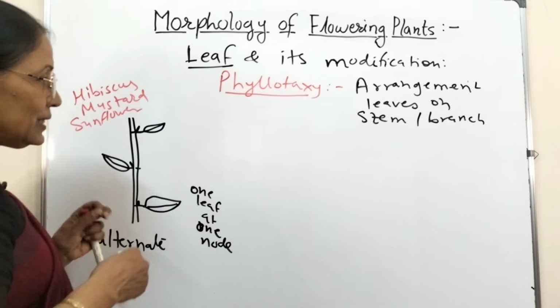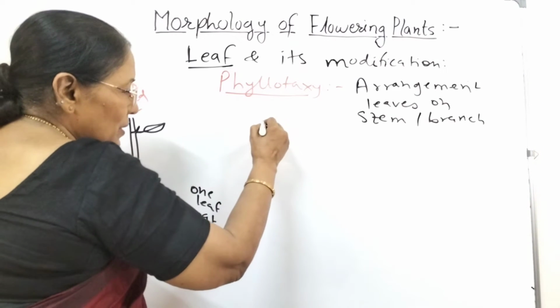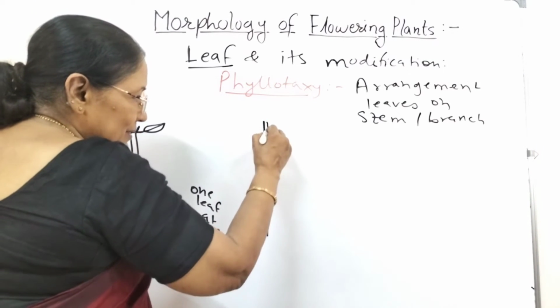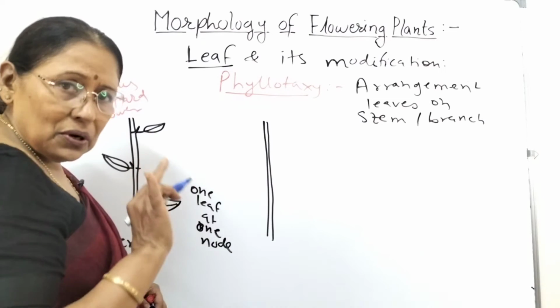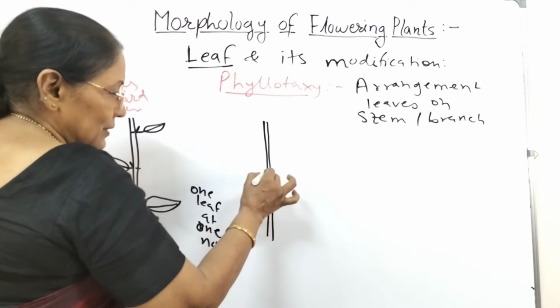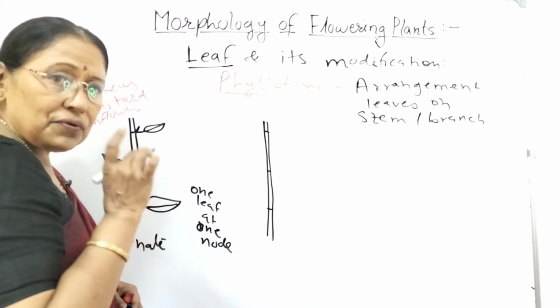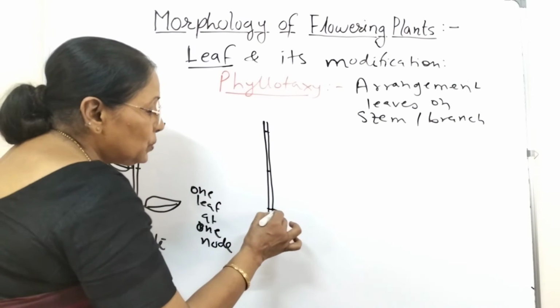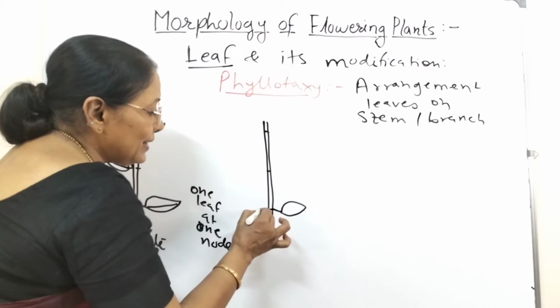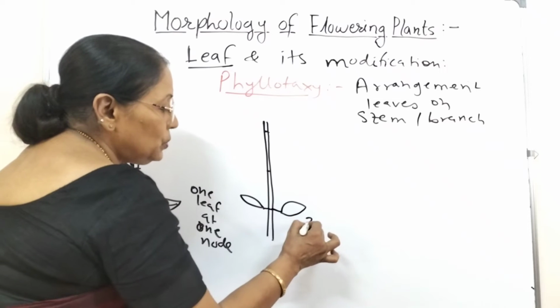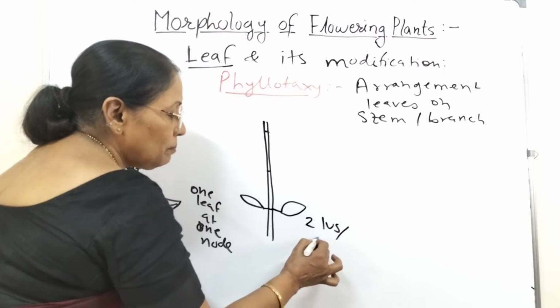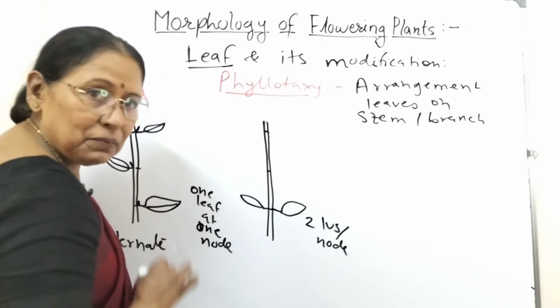Now come to the next one, that is opposite. What about opposite? This is the stem or the branch. These are the nodes. From each node, two leaves come out. So they are arranged like this. So two leaves per node. This is opposite.